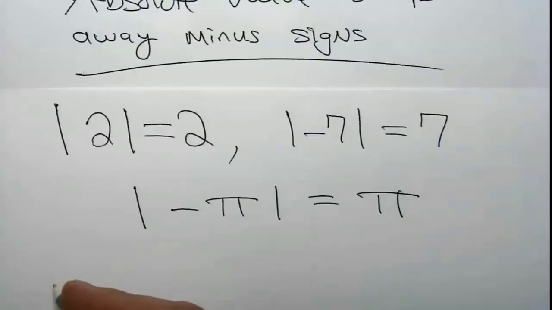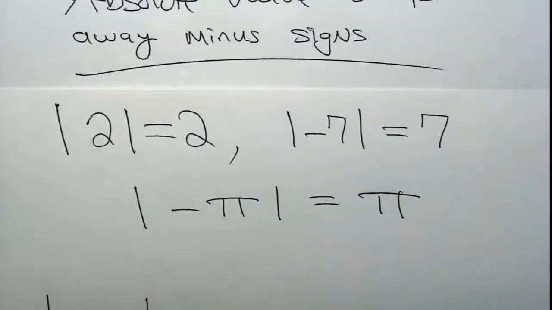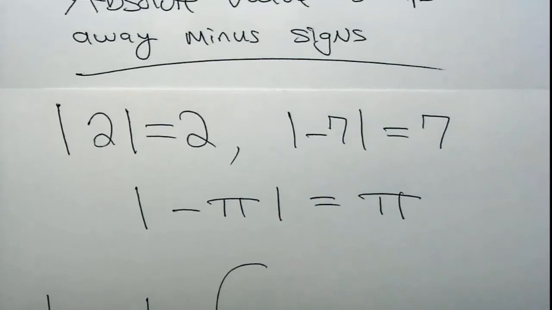But we need to say it more formally. We need to know what's going on behind the scenes mathematically. So we need a definition, a formal definition. In fact, this formal definition will help us solve absolute value equations and absolute value inequalities. So this is the more formal definition. The absolute value of any unknown quantity is sometimes just that unknown quantity.